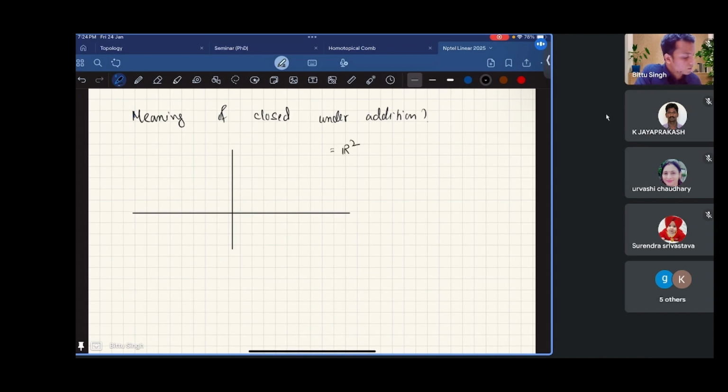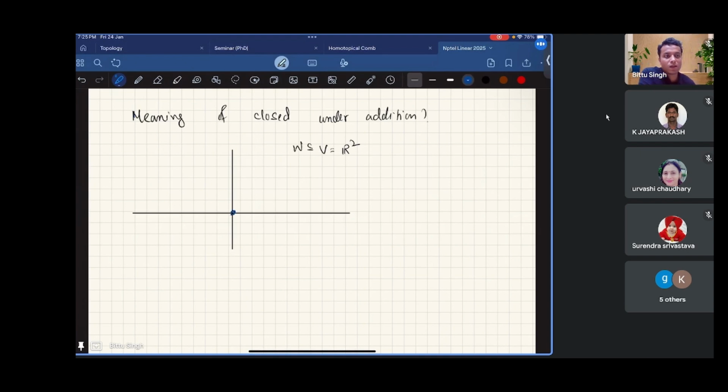The vector space is V, and we are trying to make a subspace from this vector space R2. So what are all the possibilities? We need to check if 0 is there. So the W should contain 0, right?